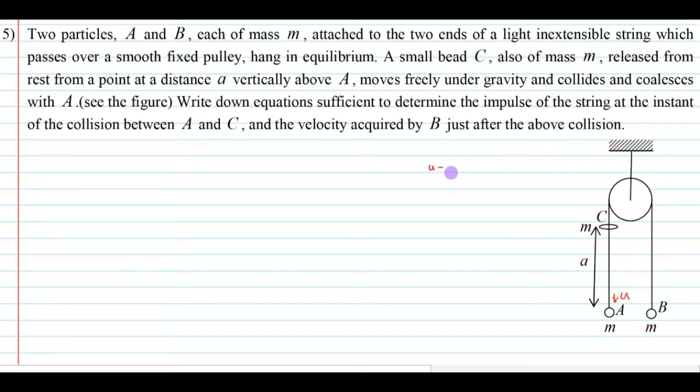Before collision, the velocity of C coming to A is equal to u. V be the velocity of B and A after the collision.